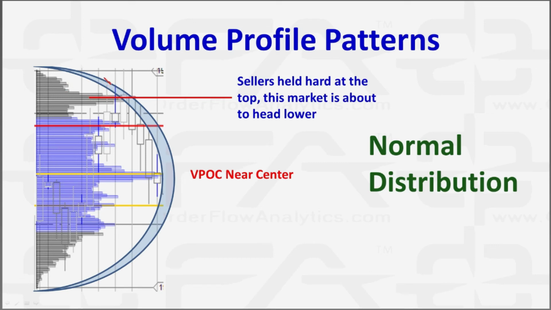Price came up, and this massive volume up here was evidence that, because price didn't go higher, sellers were absorbing everything that the buyers were handing them, and therefore the market is likely to move lower, down into these areas.